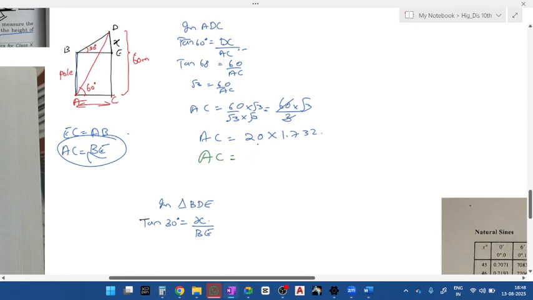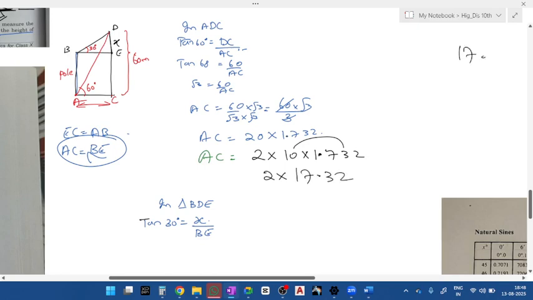Okay, how do you split this 20? How can I write 20 as 2 into 10 into 1.732? How much is 1.732 into 10? Multiply this. One decimal gets shifted, right? So what do you get? 17.32.